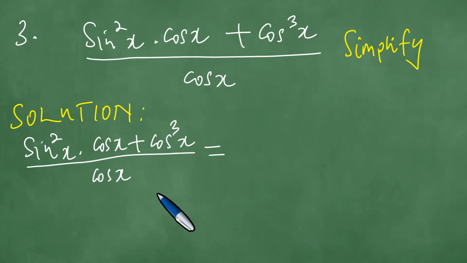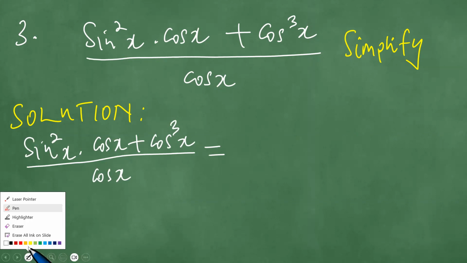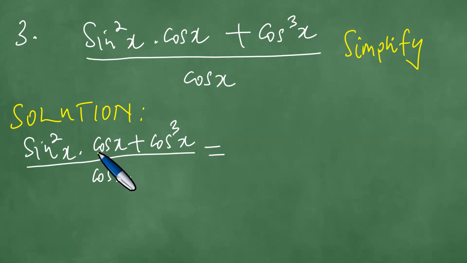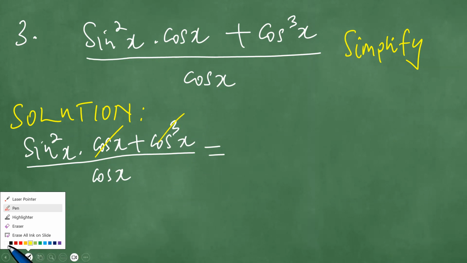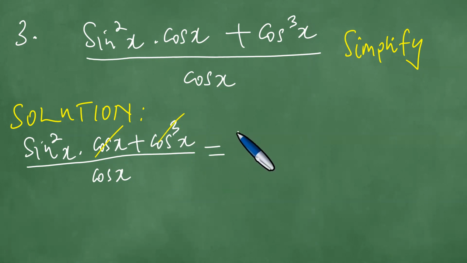By merely looking at these, you can see that cosine appears in two places. With that, we can factor out cosine x, a common factor.